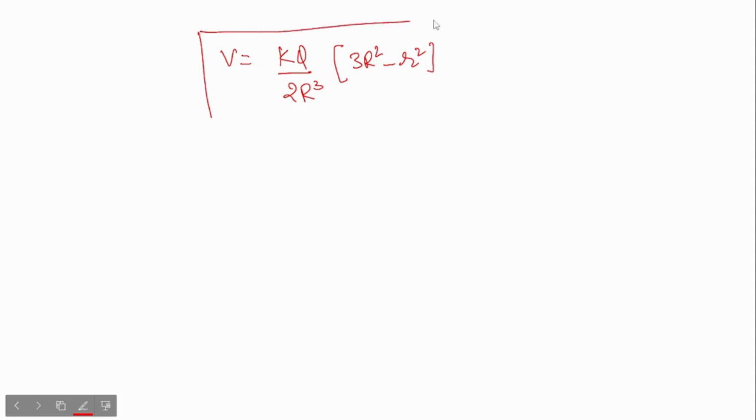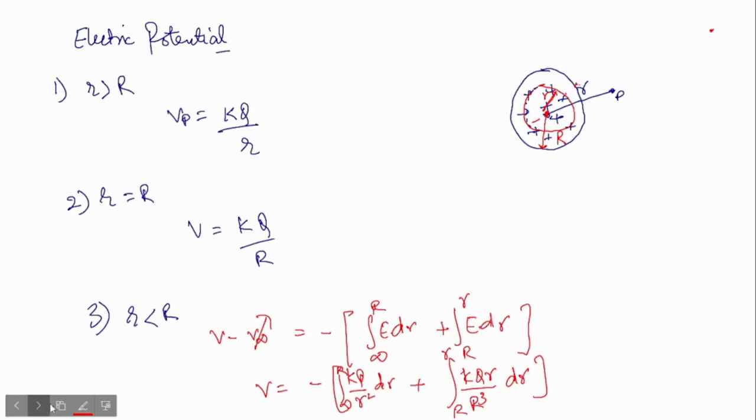After solving that integration, we get kq by 2R³ in bracket (3R² minus small r²). This will be the electric potential inside the solid non-conducting sphere.